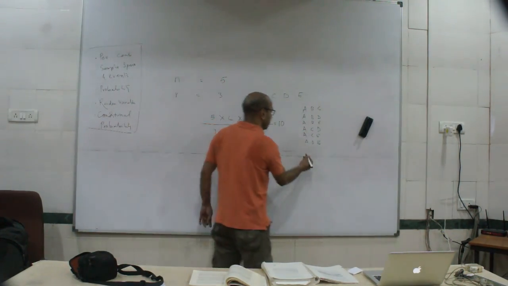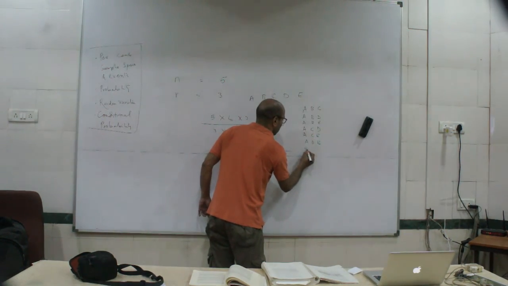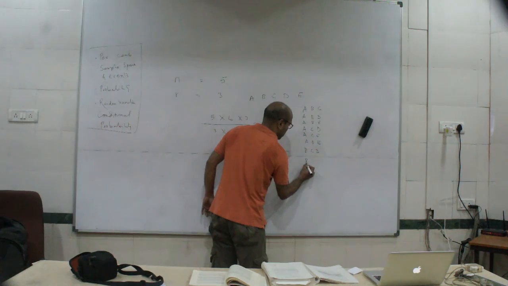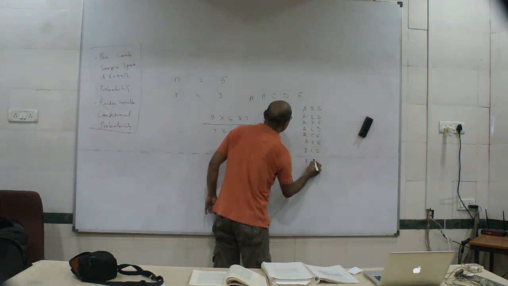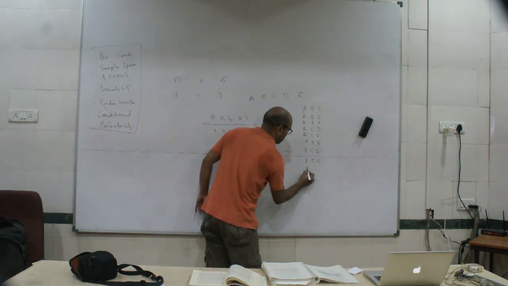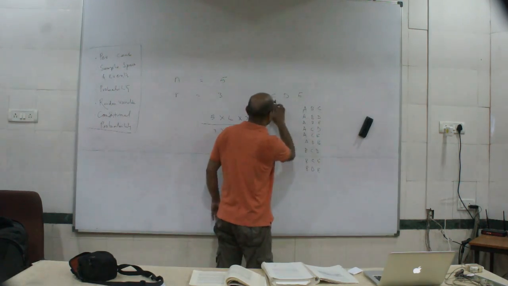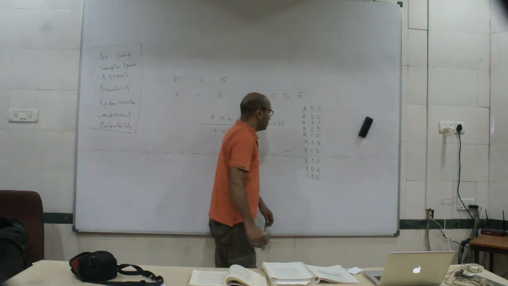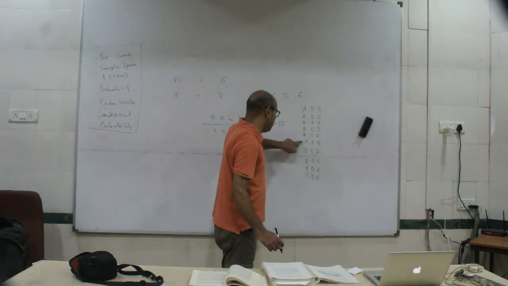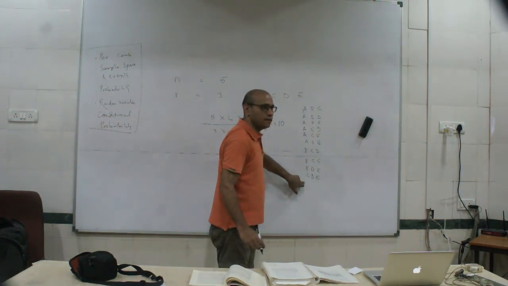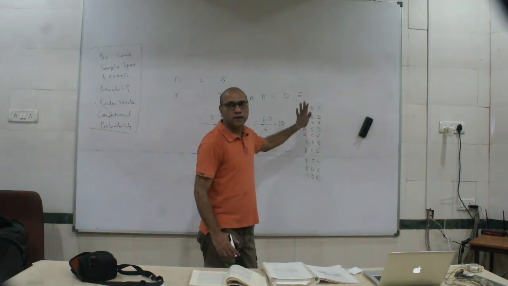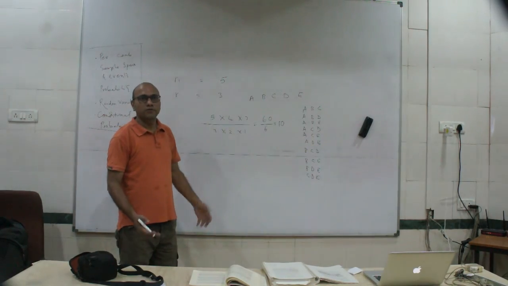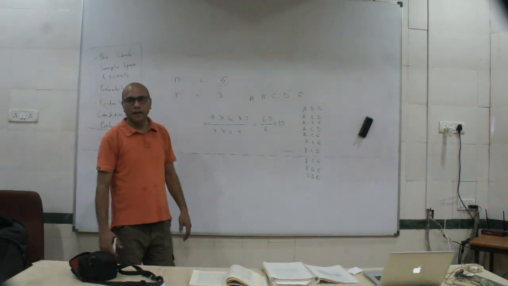Next is B, C, D, B, C, E, B, D, E, and C, D, E. Right? 1, 2, 3, 4, 5, 6, 7, 8, 9, 10. These are the 10 ways in which I select 3 elements from 5 elements.